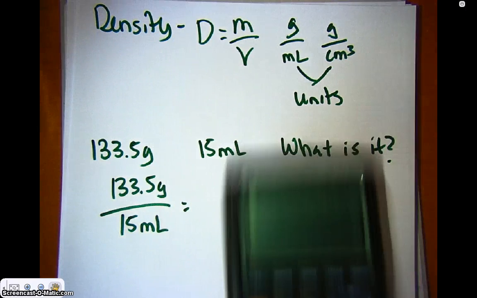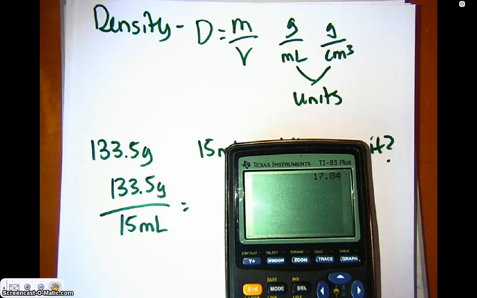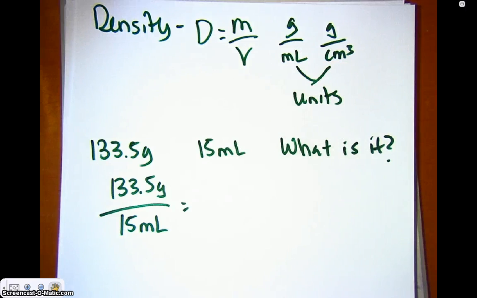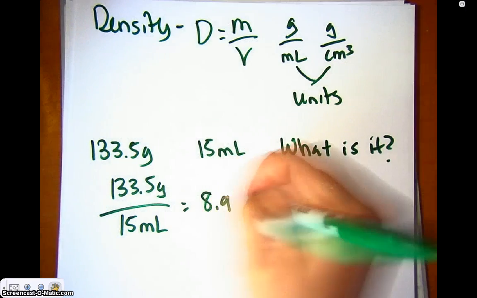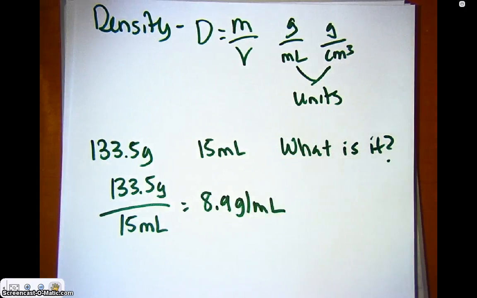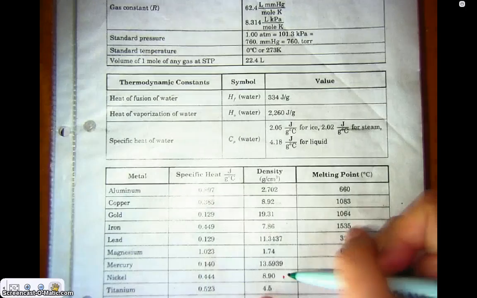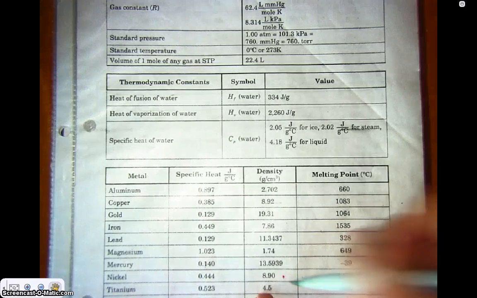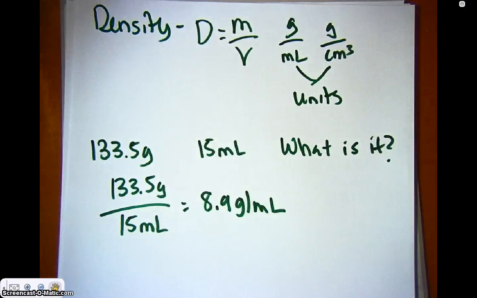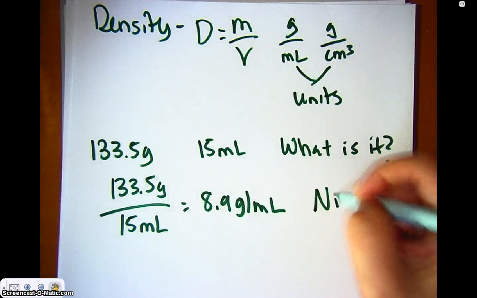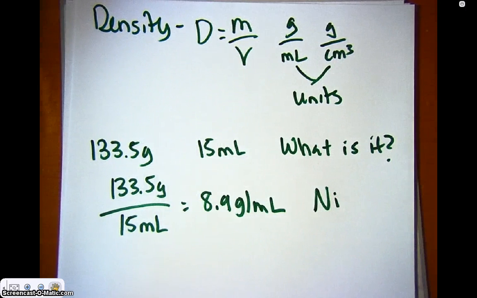And if I plug that into my calculator, 133.5 divided by 15 gives me 8.9 for my density. So that would be 8.9 grams per milliliter. And if I look at my reference table, I see that nickel has a density of 8.9.